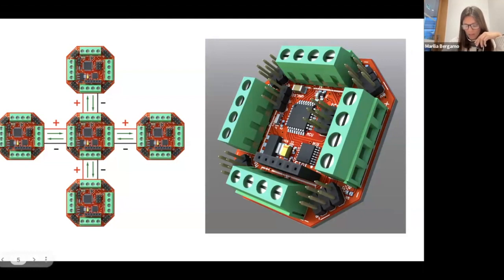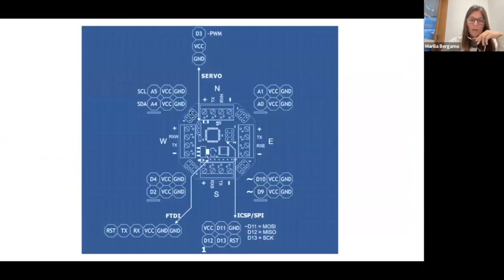The primary system resources are distributed to these points: power supply, communication, and sensing as external activations. In the board, you can see those related to the sensing pins, and we also have some exclusive pins to work with the actuators when necessary.